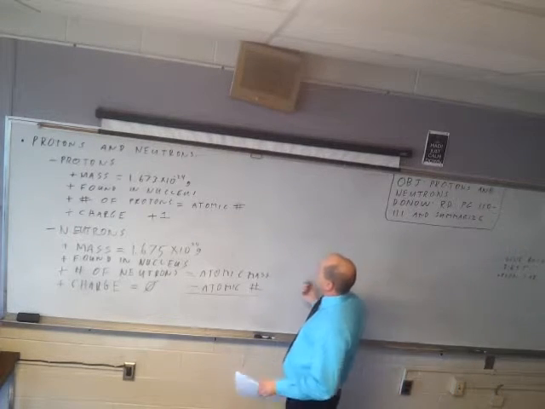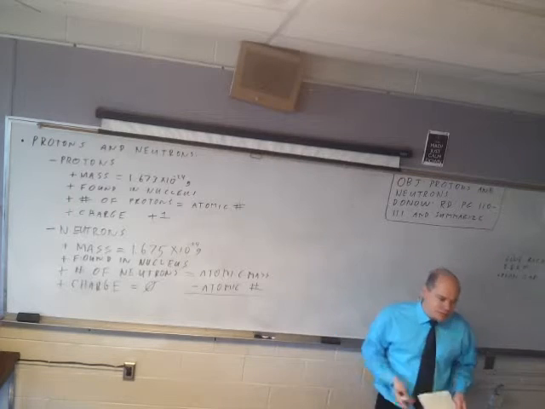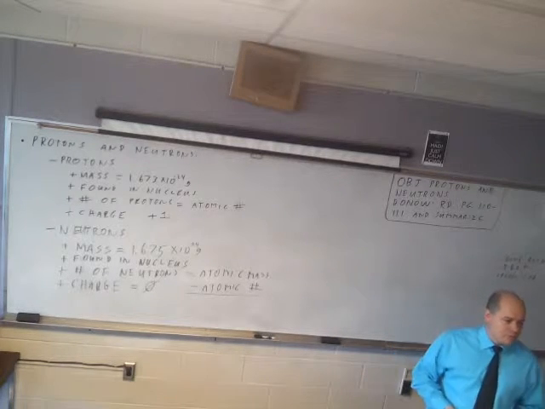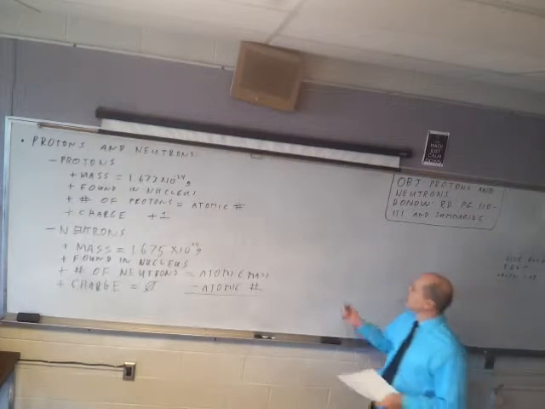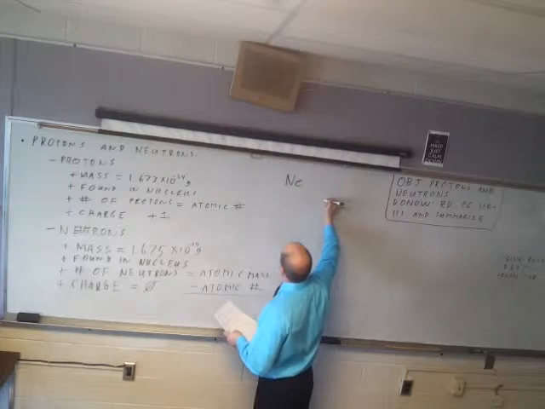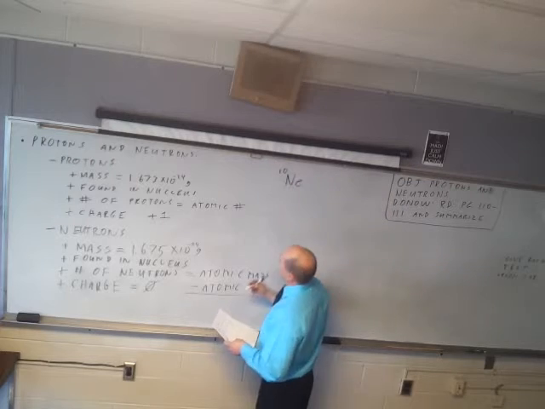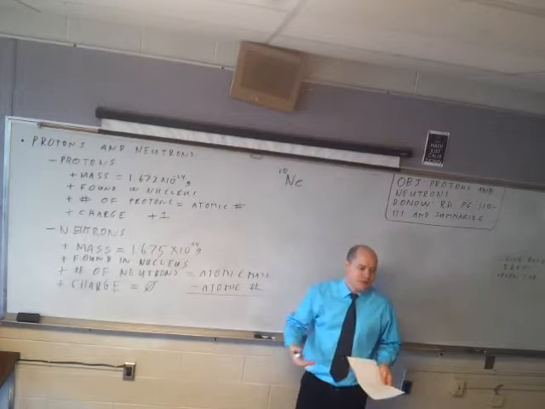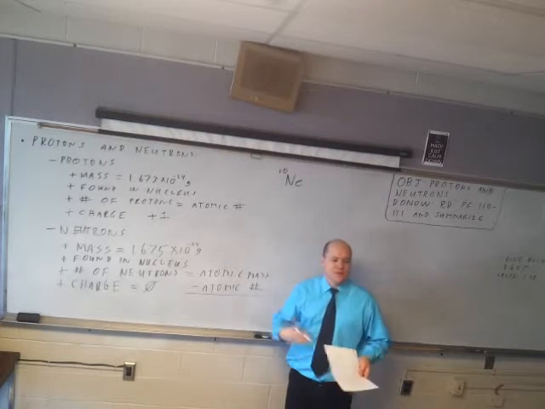So let's do a couple more elements. So, I don't know, pick one. Favorite element. Neon. Neon, okay. So neon, what's the atomic number? 10. I ask students so they can participate, so they look at the periodic table. It's part of teaching.